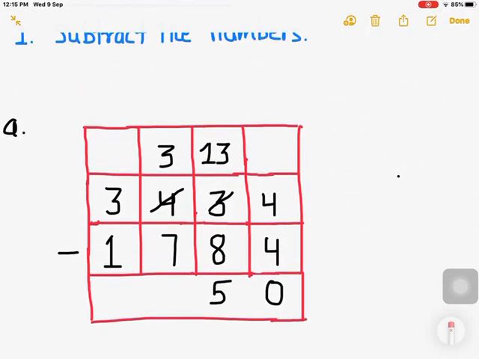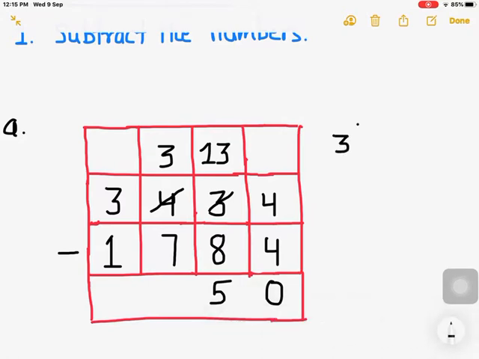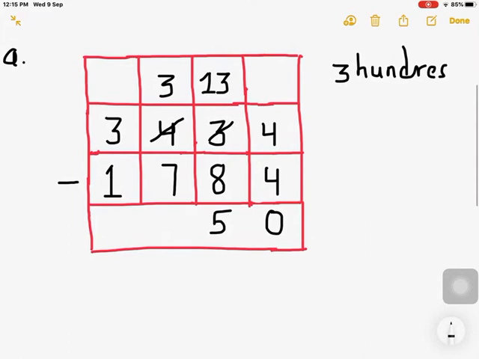Yes, here we have only 300s, isn't it? So it will borrow from the thousands place. Here we have 3000, 3000s, isn't it?